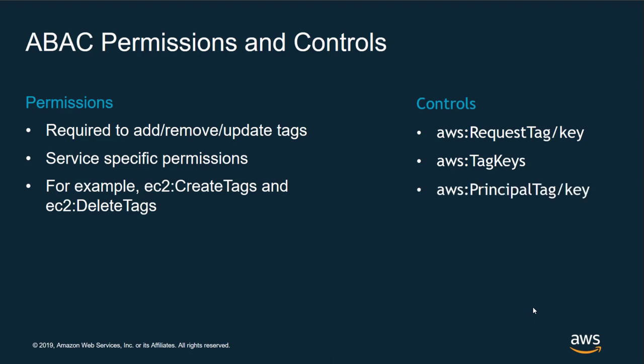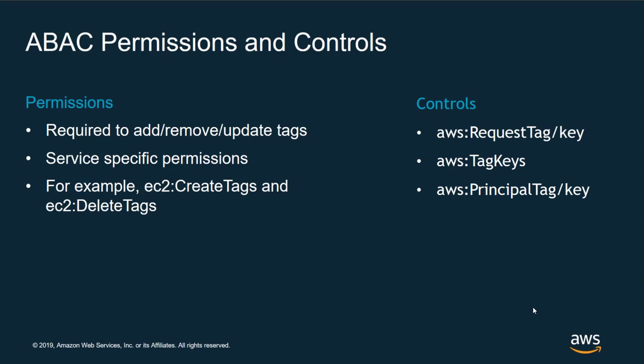The third one is the AWS principal tag key, another global condition key. This key references the tags on IAM principals, which is basically IAM users or roles. So if my IAM role has a project or cost center or user ID tag, then when I use principal tag key in my permission policy and I say principal tag user ID, it will actually reference the user ID tag on my role itself, on the calling principal.